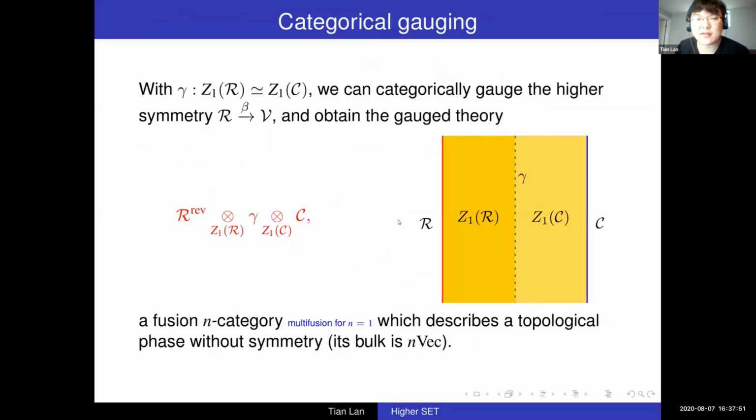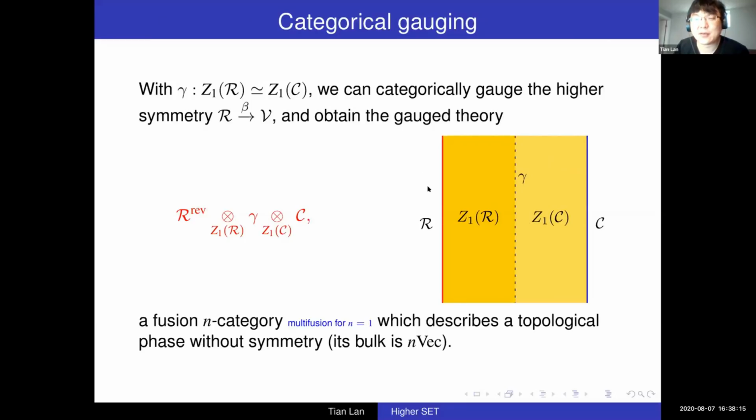And maybe the final thing I want to say is about the categorical gauging. So after realizing that we should use some equivalence functor of the bulk to describe the higher SET, we immediately get this picture of gauging.